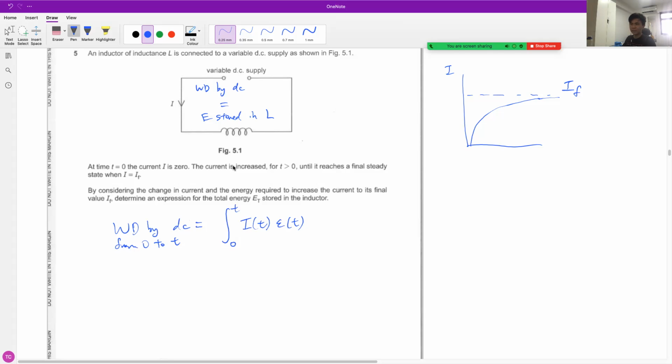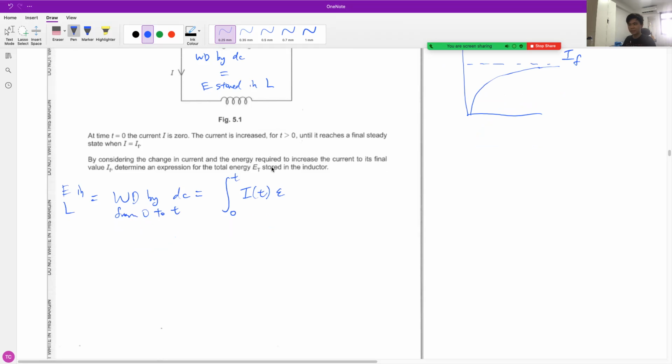Now, the EMF is simply a constant, so we don't need to worry about that. So this is the total work done, and in turn the energy stored in the inductor. But now the question is, how do we figure out this I of t?